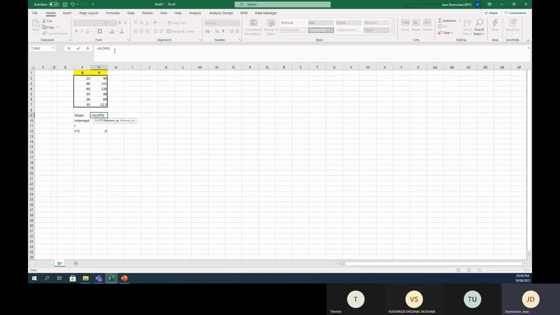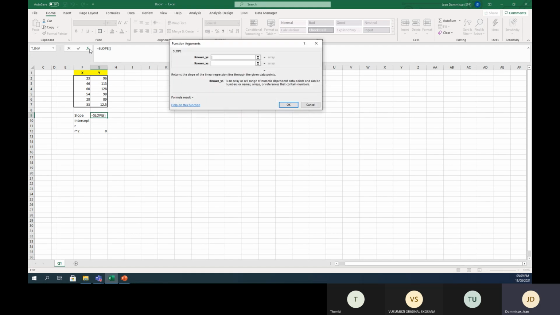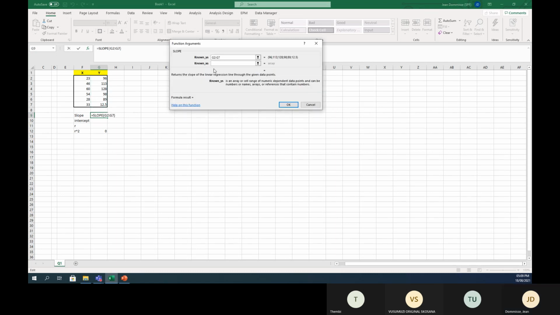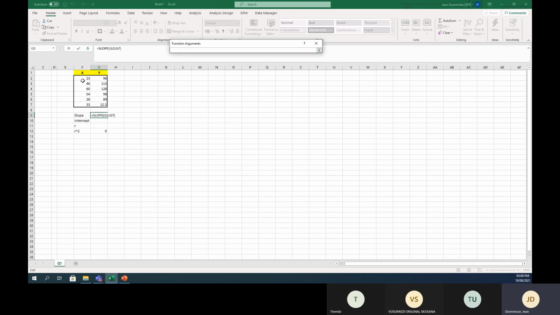For the slope function, they want us to import the x's and the y's. First, they want us to import the y's, and then they want the x's.